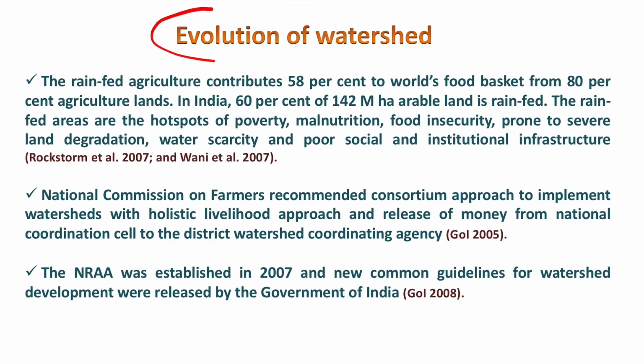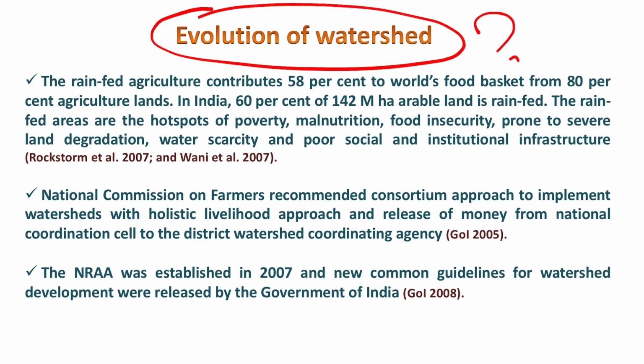So how did watershed evolve? Evolution of watershed. So as you know, if you have studied dryland agriculture, then rain-fed agriculture, that means dryland agriculture, it contributes 58% of the world's food basket from 80% of agricultural land. So there are certain areas where we cultivate the crop based on rainfall only.